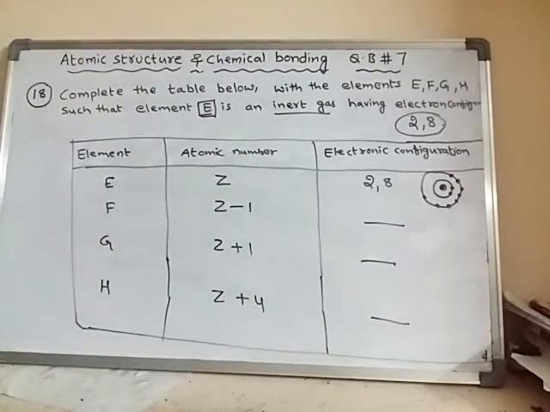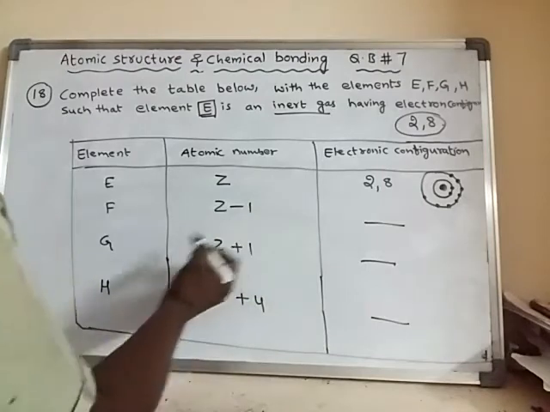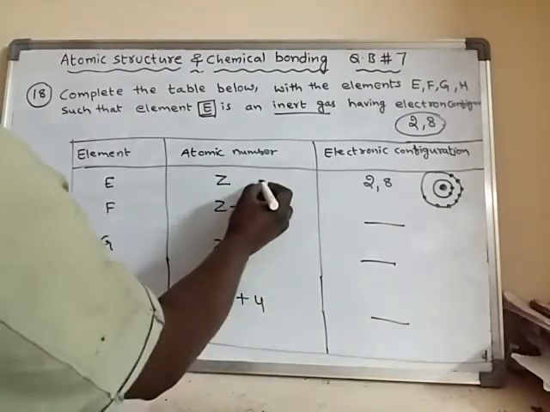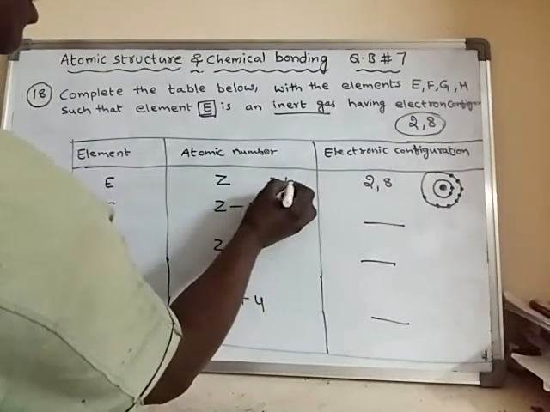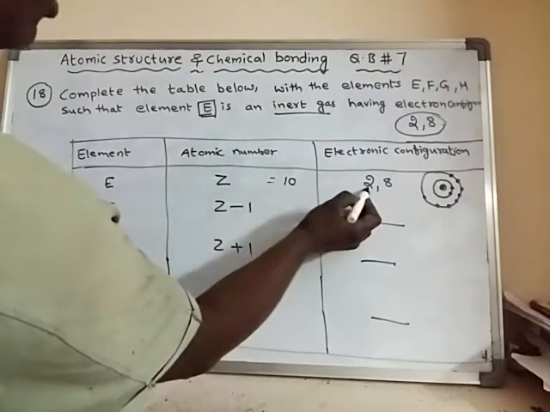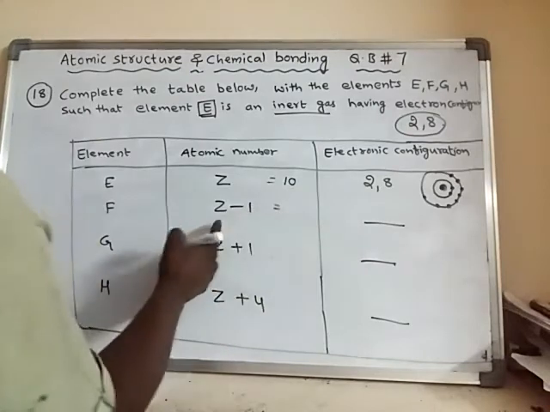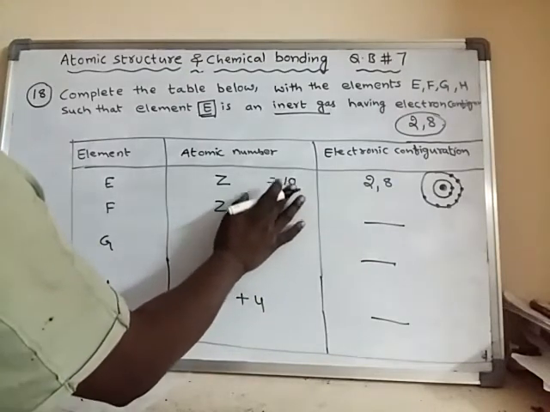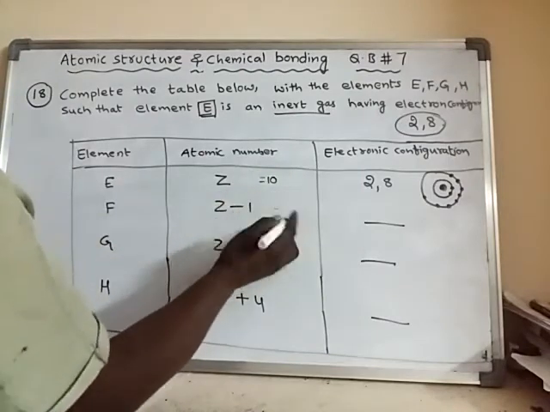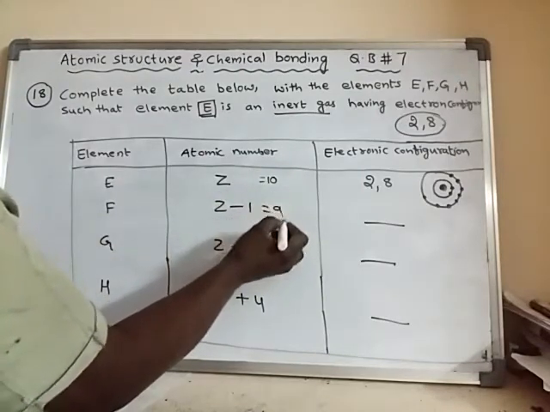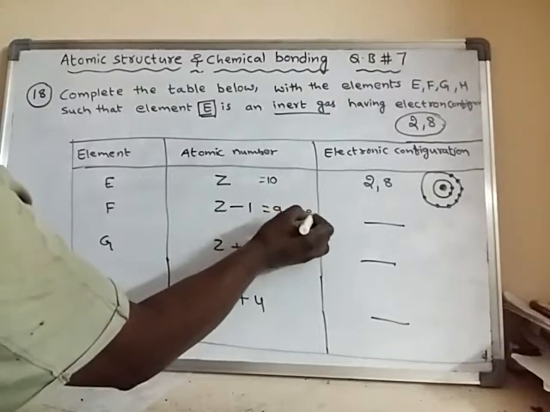So here Z minus 1, that means atomic number. What is the atomic number here? It is 2 plus 8, it is 10. As its atomic number is 10, then F's atomic number will be 9. So it contains only 9 electrons.